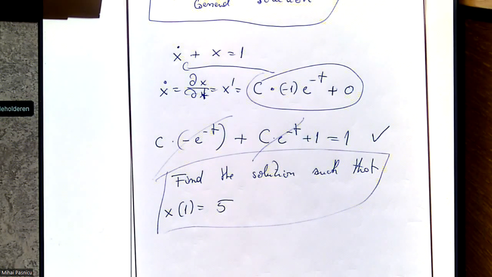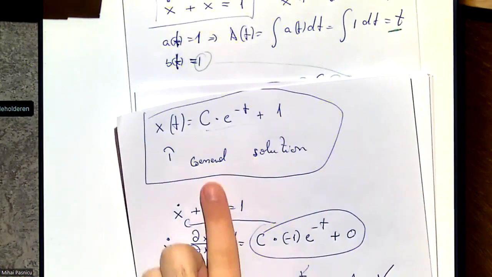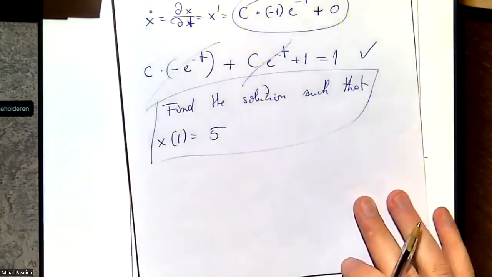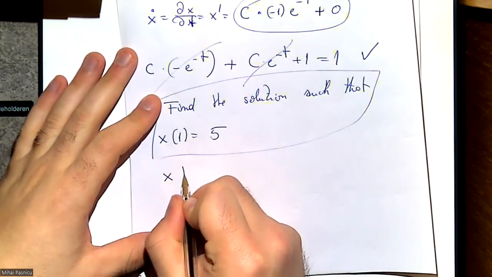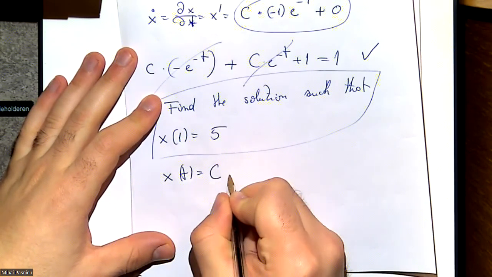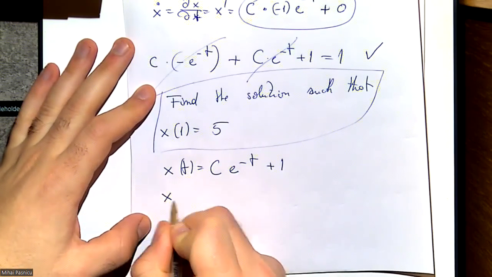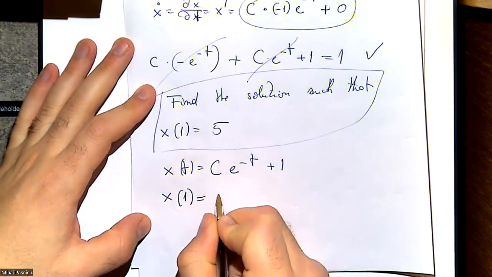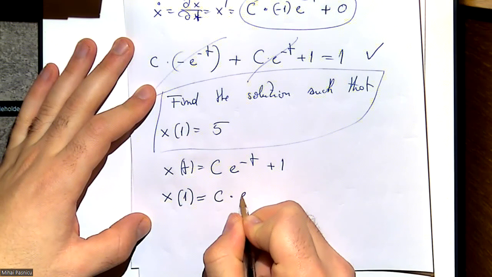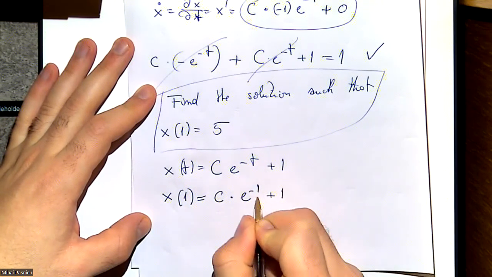How do you do it? It's actually simpler than you think. Once you have the general solution, x of t is equal to c e to the minus t plus 1, I just plug in 1 inside and I get c times e to the minus 1 plus 1.